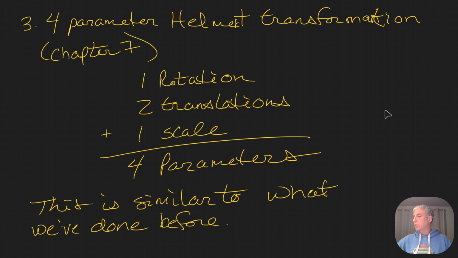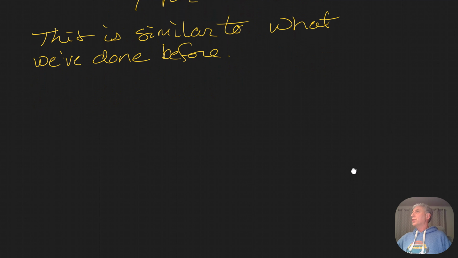Okay, so let's get into it. Now I'll expand on this more in just a few minutes, but NAD 27 used XY coordinates, while NAD83 uses northings and eastings, and they're reversed. But basically, what we have is the X prime and the Y prime in the old system are equal to some scale times the cosine of theta.